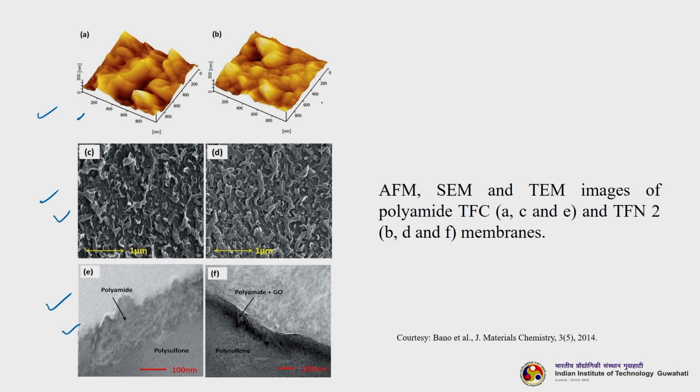Similarly, here this is the AFM, this is the SEM, and this is the TEM image of a TFN, a thin film nanocomposite membrane. You can see how the images are distinct for a particular substrate in the case of AFM, SEM and TEM.